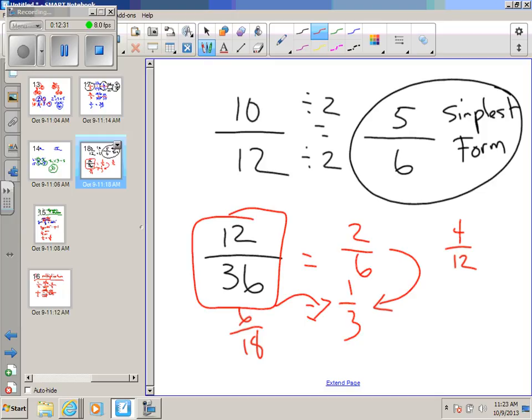Okay, right. Now, what did we use to divide the 12 and the 36 by to get our fraction into simplest form? What's that called?